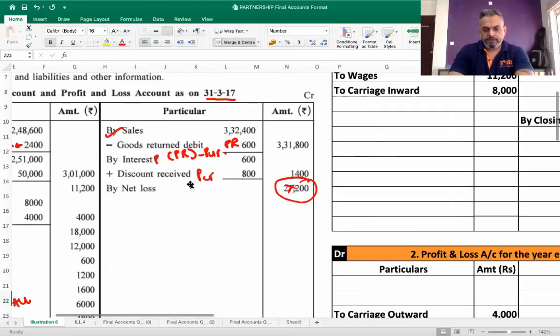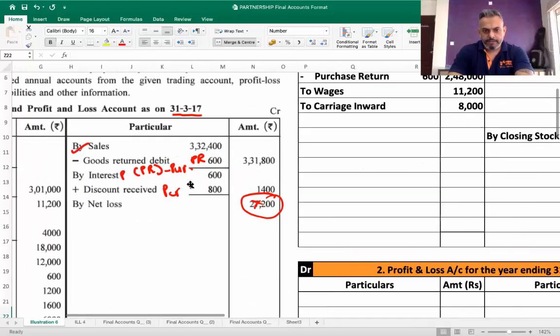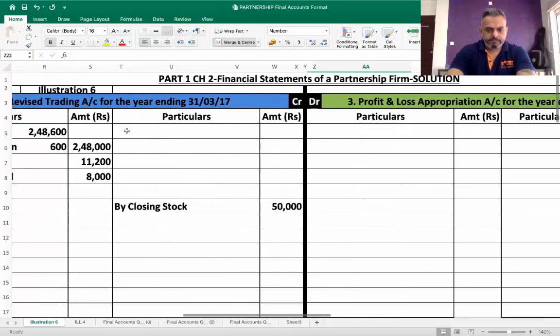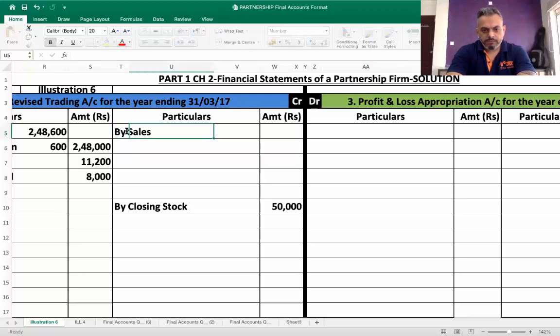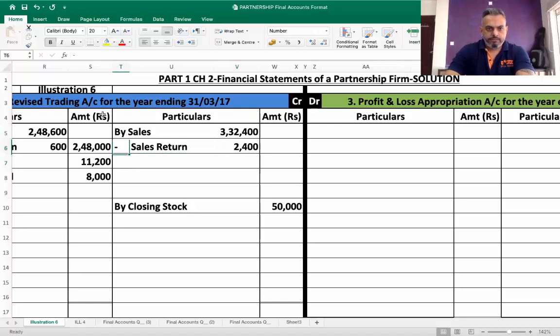Now sales 3,32,400 by sales. Sales return 2,400. Three lakh 30,000 outer column.